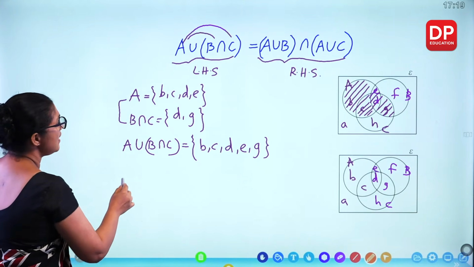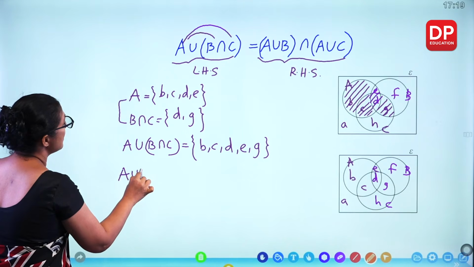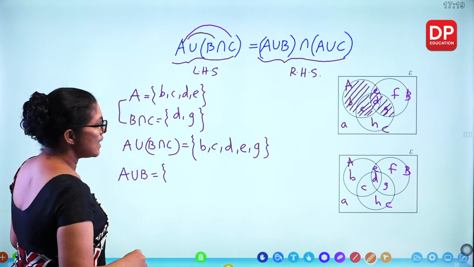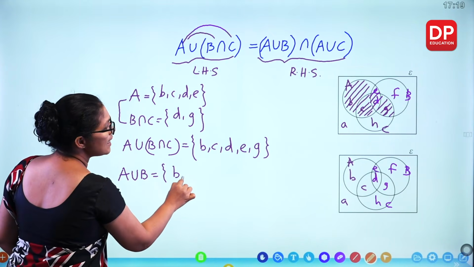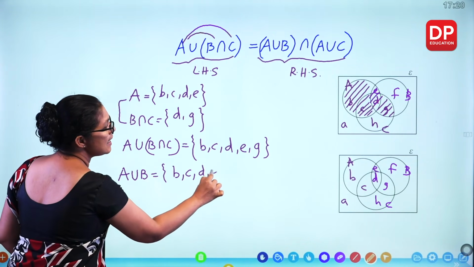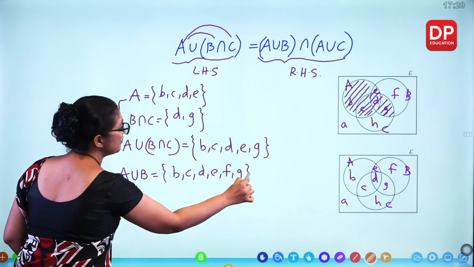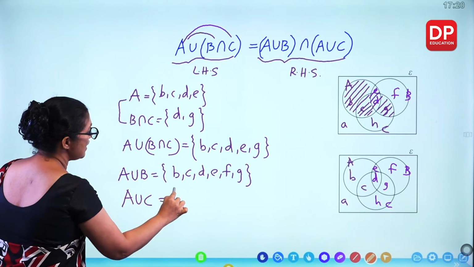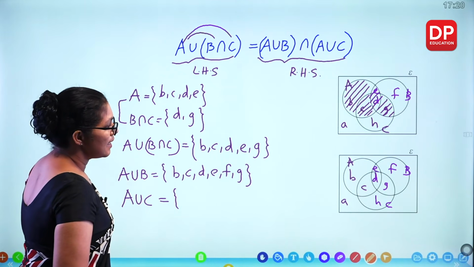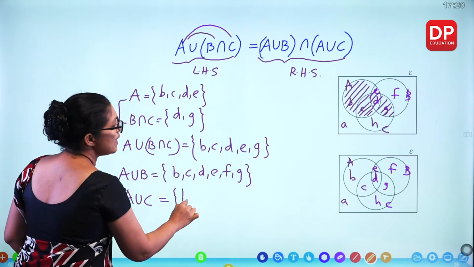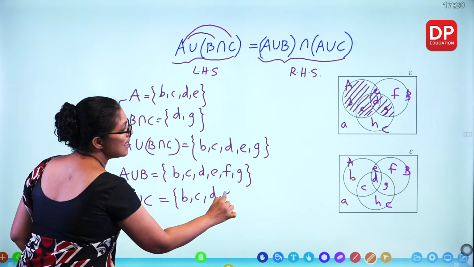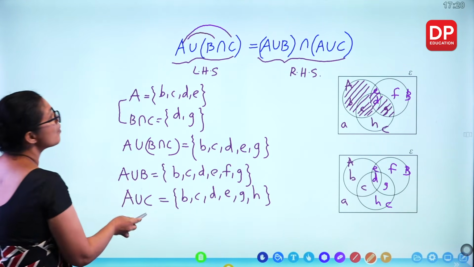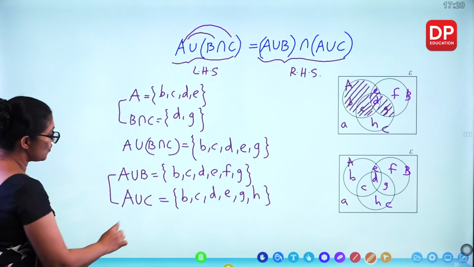Now we'll see whether it's true. Take the right hand side, A union B. So that means everything in A, everything in B. So I can write B, C, D, E, F, G. Then A union C, everything in A and C. A and C I can write B, C, D, E, G, H. Now, common region for these two.